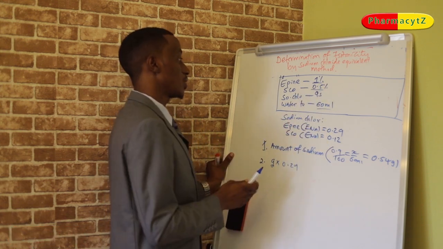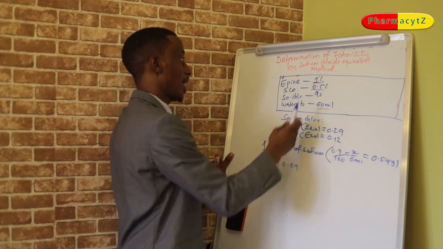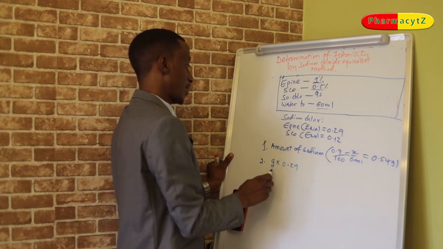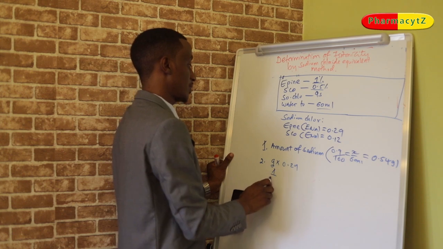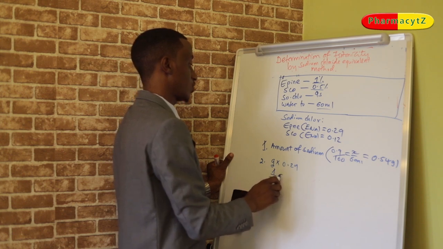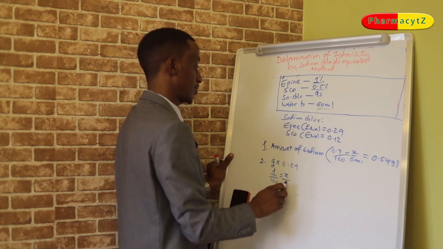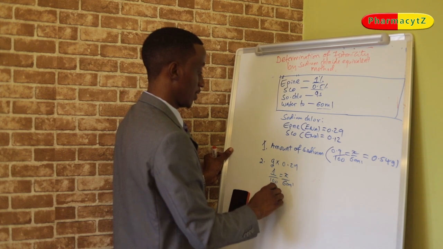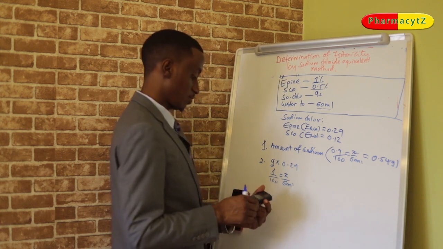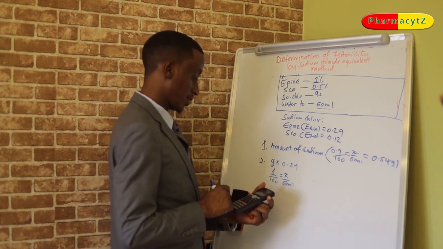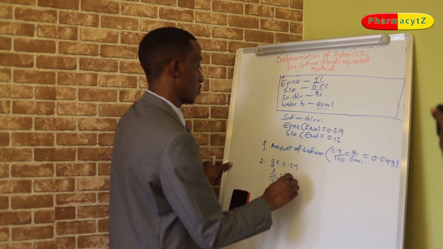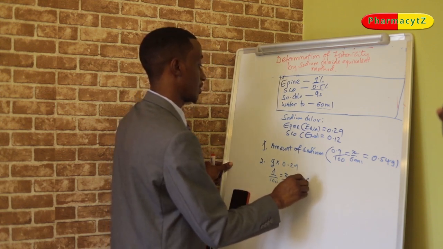So when dealing with sodium chloride equivalent, make sure these are in grams. How do you do it? 1% means 1 in 100. So how much is in 60 mL? This is 0.6. Let us prove it using our scientific calculator. This is 0.6, so the actual amount here is 0.6 grams.